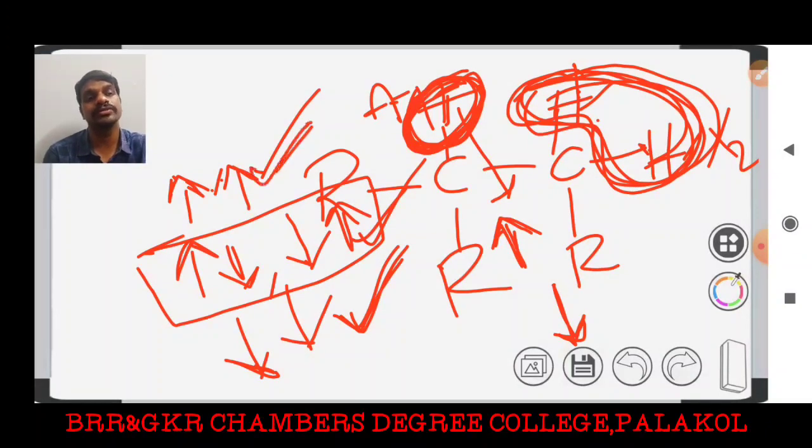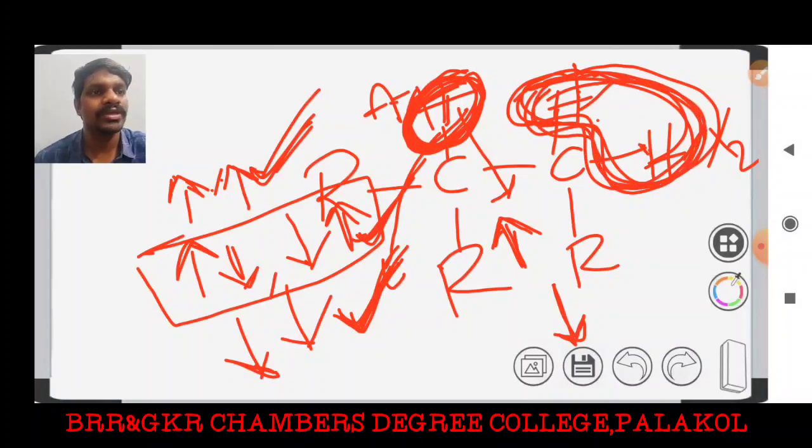Due to this spin orientation, it creates one magnetic field, and due to another spin orientation, it creates another magnetic field, producing a different magnetic environment around this hydrogen atom, so it appears as a triplet, and these two hydrogens appear as a doublet.